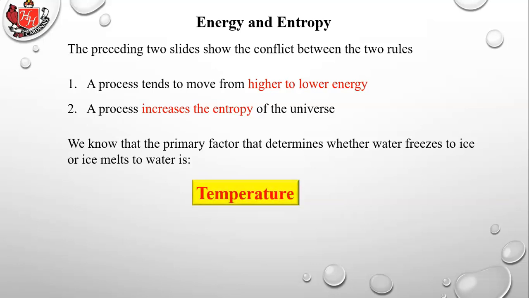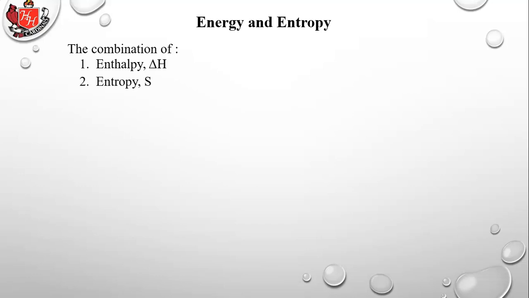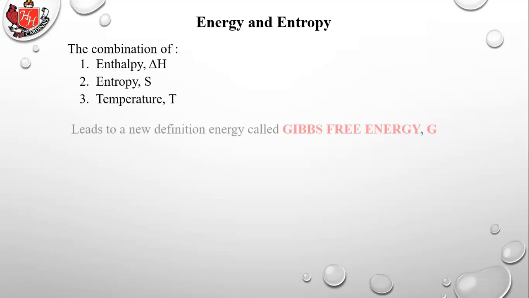Higher temperature is going to cause it to melt into water, and lower temperature is going to cause the water to freeze into ice. So the combination of enthalpy delta H and entropy delta S and temperature T leads to a new definition of energy called Gibbs free energy.